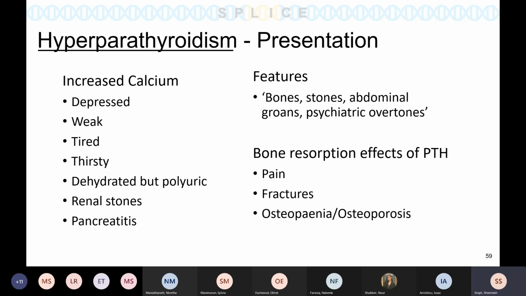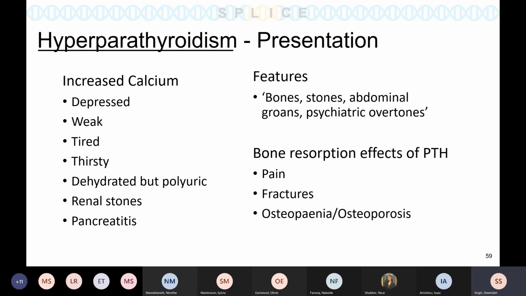I think it's really important to ask about these symptoms: any back pain, for example, for metastases, any pain when you're going for a wee, any constipation, any changes in mood, which can all be caused by hypercalcemia.